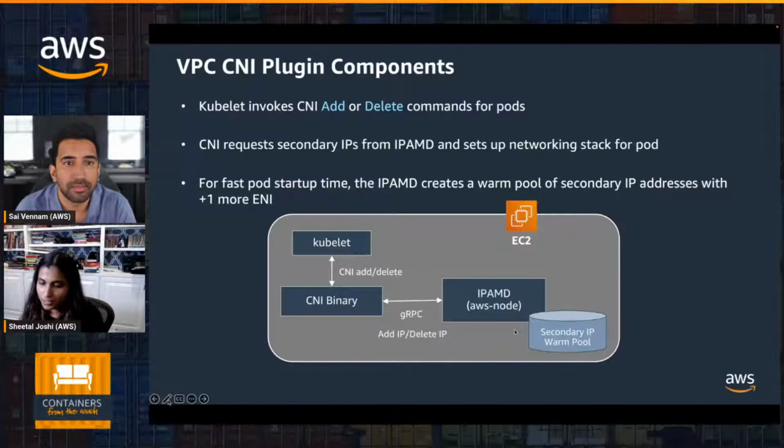As Sai just mentioned, it integrates natively into the VPC. That means we are assigning an IP address from the VPC CIDR to a pod, and that's what IPAMD takes care of, talking to the VPC and the EC2 control plane APIs, making sure there are enough IP addresses so that these VPC IPs can be assigned to a pod.